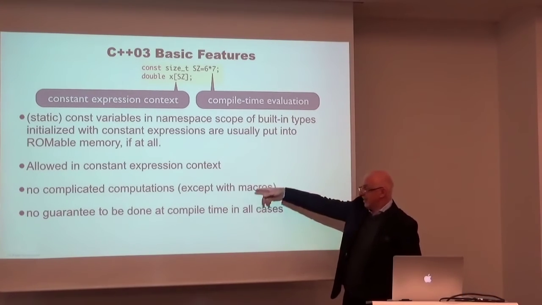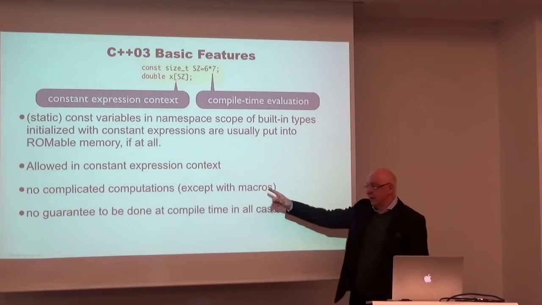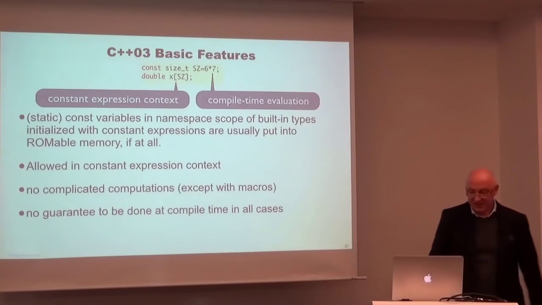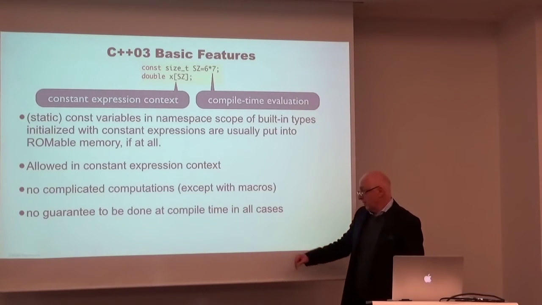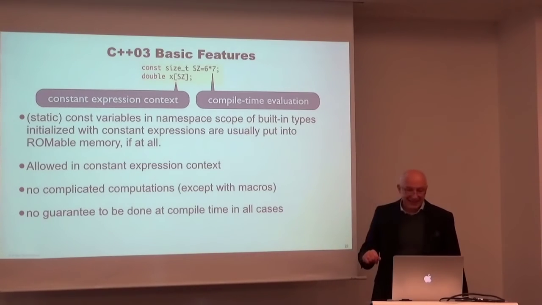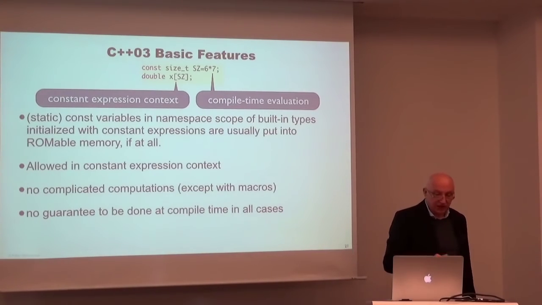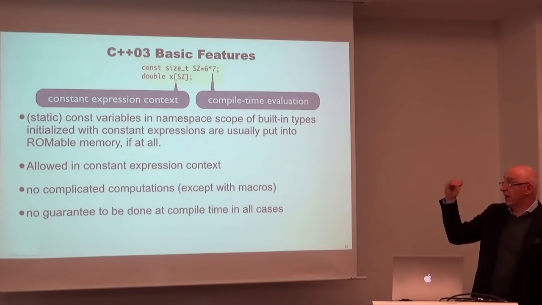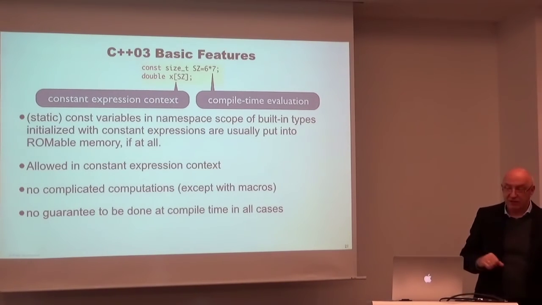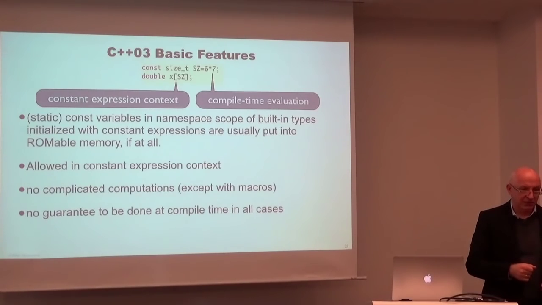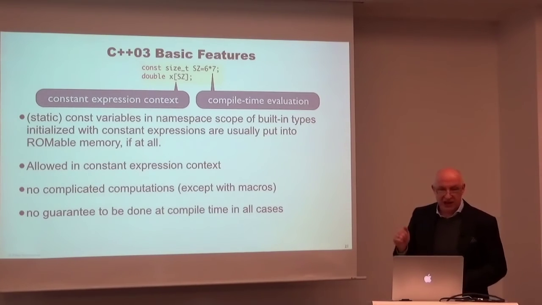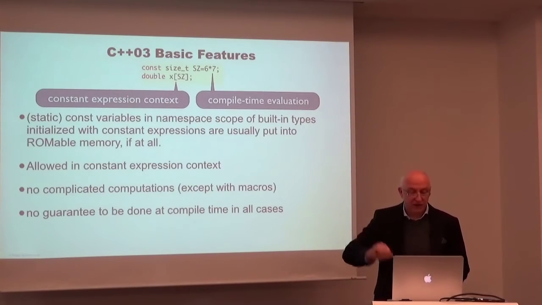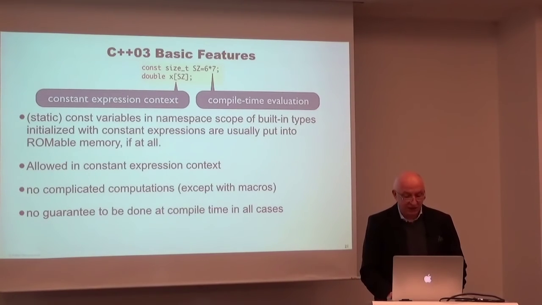The problem is I cannot do much complicated things except with macros that are then expanded by the preprocessor. And except for the constant expression context, I have no guarantee that my size sz variable is actually computed at compile time. It will be in that simple case by any compiler, but it's not guaranteed. Only when it's used in the constant expression context do I have the guarantee that something is computed at compile time in C++03.